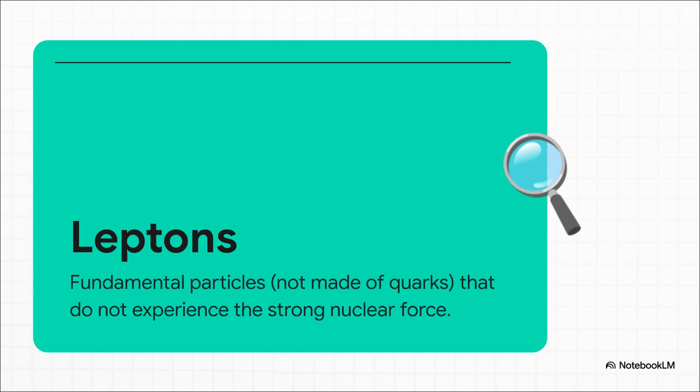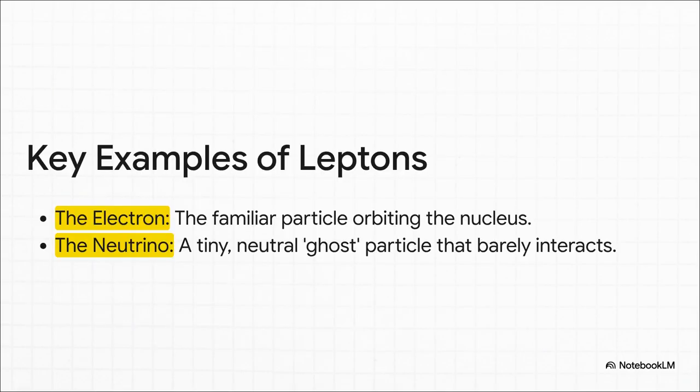They don't feel that strong nuclear force at all. That means they don't get glued into the nucleus like protons and neutrons do. So the most famous lepton is, of course, the electron. We all know that one. But there's another member of this family that is way more mysterious, the neutrino. This thing has almost no mass, it has no charge, and it basically doesn't interact with anything. It's like a tiny subatomic ghost.